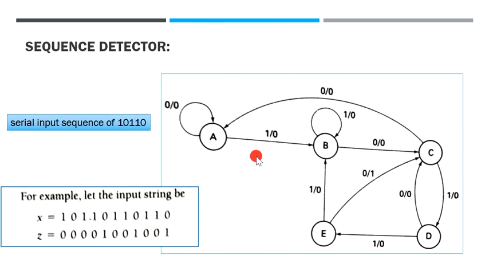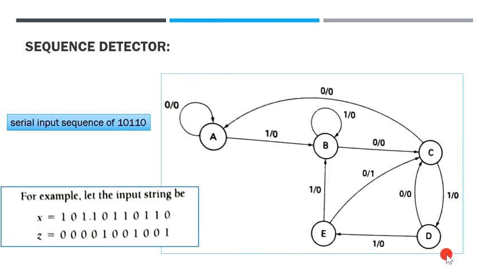For the fourth input bit in the serial string, that is 1 here, we are going to check for the transition from D to E or to C. State D will indicate that the 3 correct input values have been received, that is 1, 0, 1.